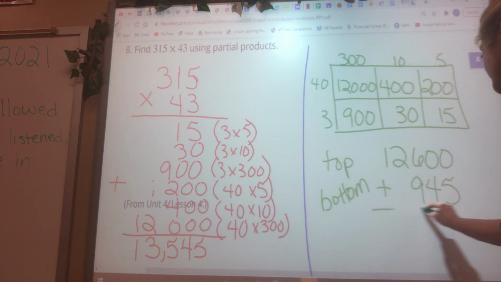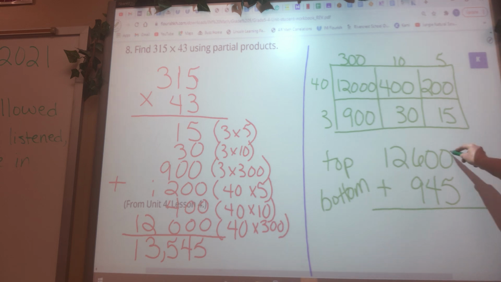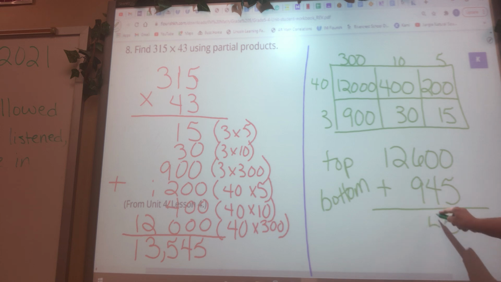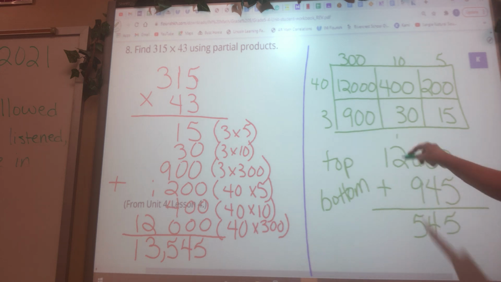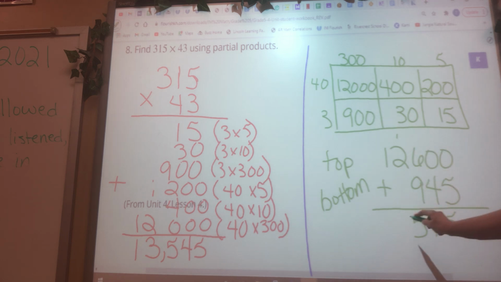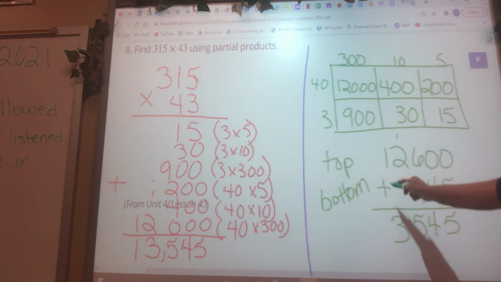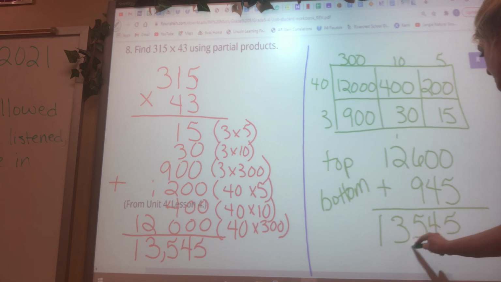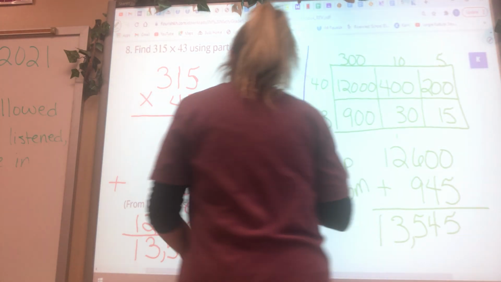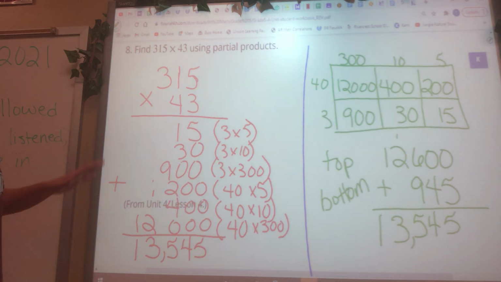And if we add the top and bottom together, we get 0 plus 5 is 5, 0 plus 4 is 4, 6 plus 9 is 15, so I'd carry my 1, 1 plus 2 is 3, and 1 plus nothing is 1. So if I do this partial product, I get 13,545.